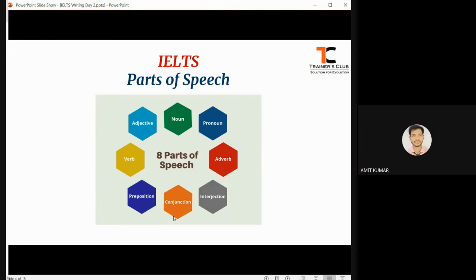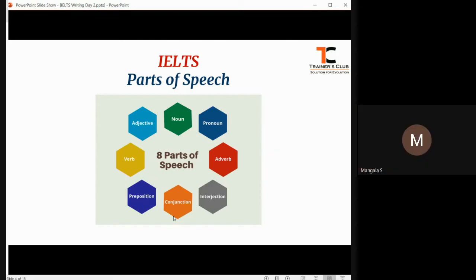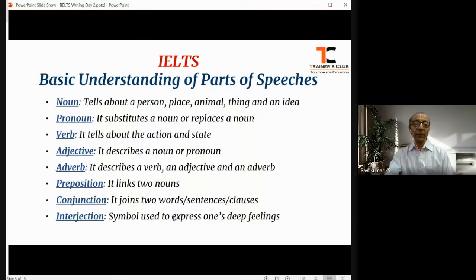Yes, sir. Shall we go ahead? Yes, sir. Okay, great. Now, this is a basic understanding about the parts of speech. What does each do? That's what I explained to you with those pictorials. Noun tells us about a person, place, animal, thing, and an idea.